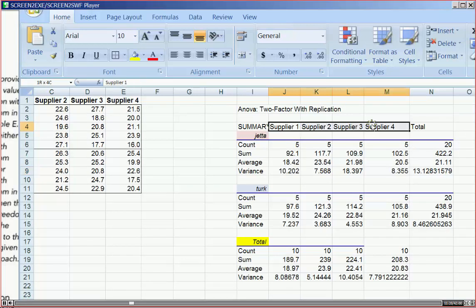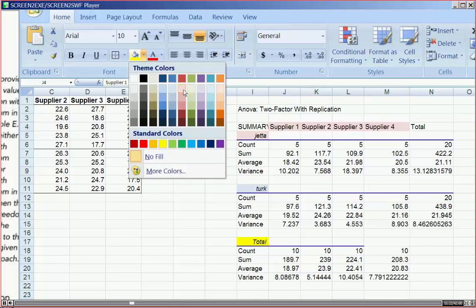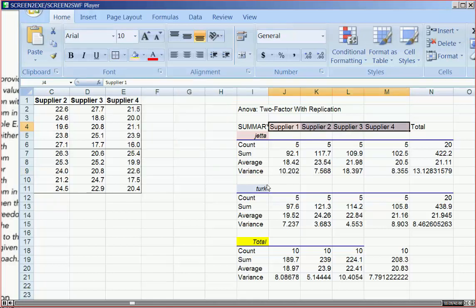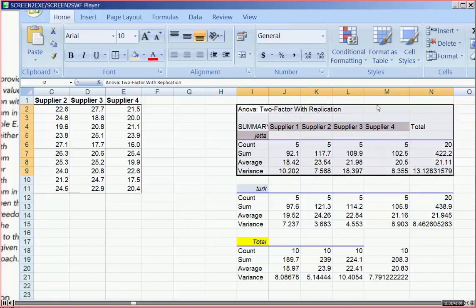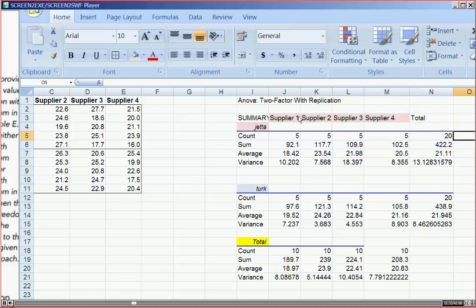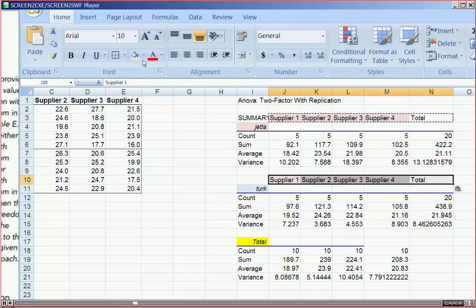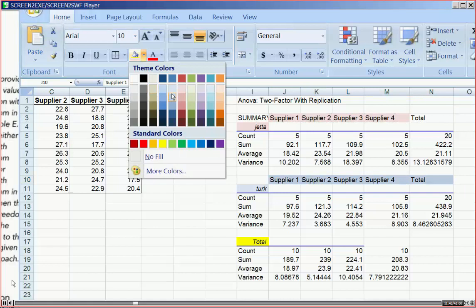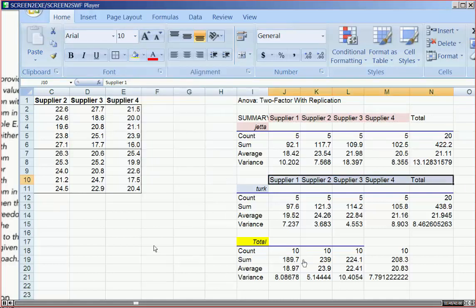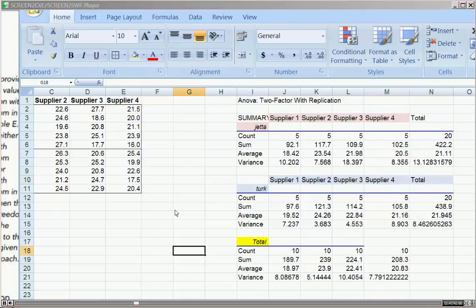Let's use the same colors. Oh, we don't get to have this one. Turk. Let's help with it a little bit. Make our life easier. Copy it and dump it over here and make it blue. Now it's easier to read a little bit. Okay.